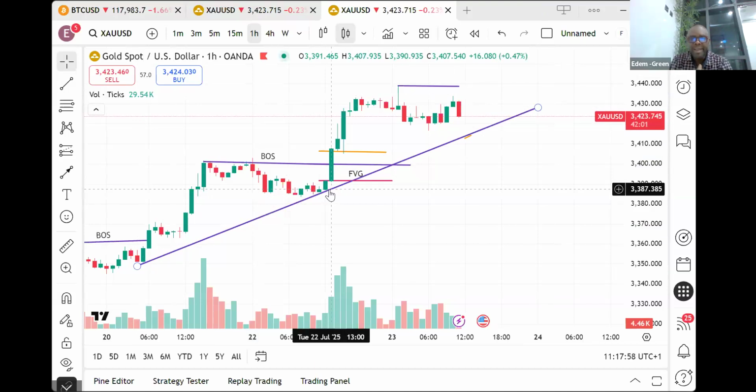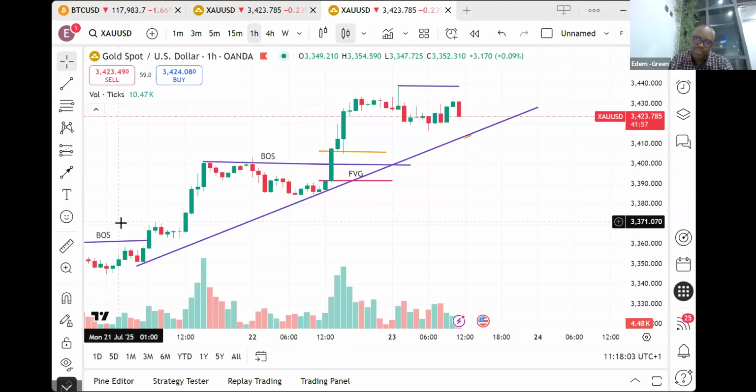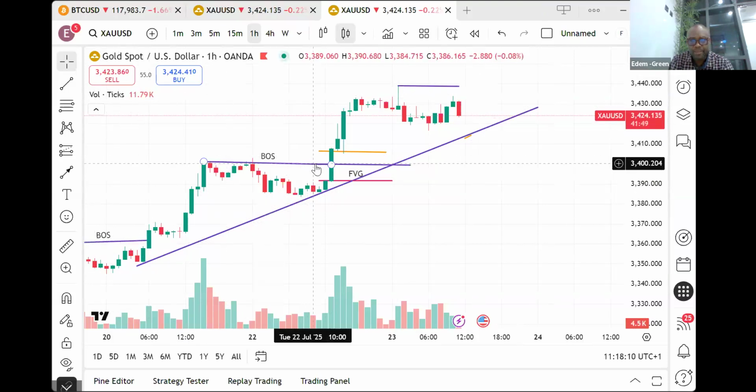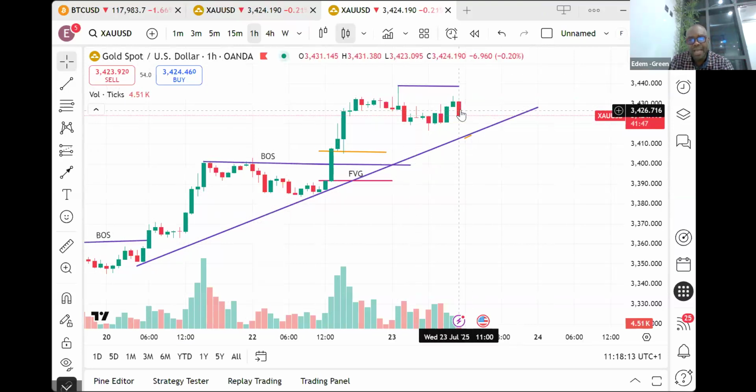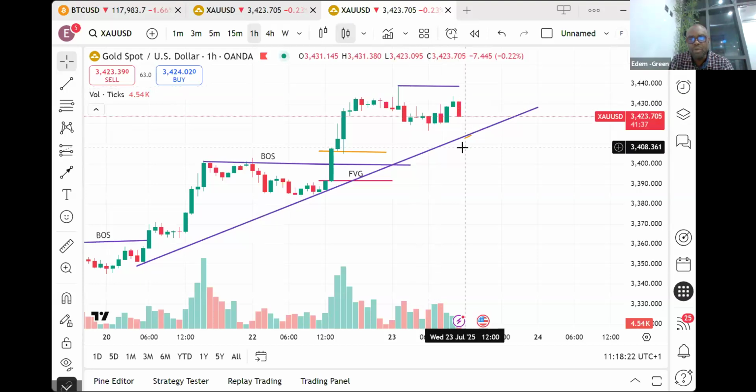The next thing is to identify the break of structure. I marked out the break of structure here, and here. If the market goes up above this wick here, there will be a break of structure here. But we see that this candle is going down, but that is fine. Having understood that, you now use your naked eye to look at where there were impulsive moves in the market.